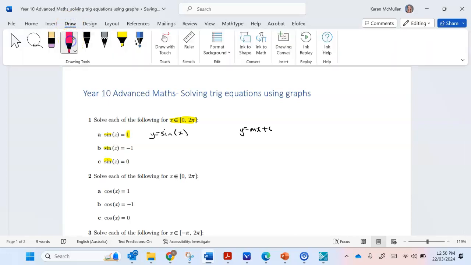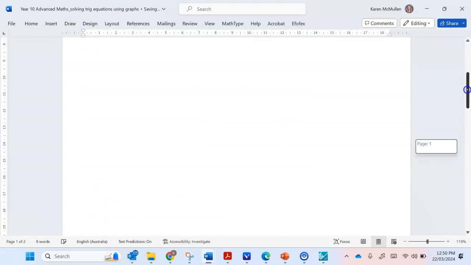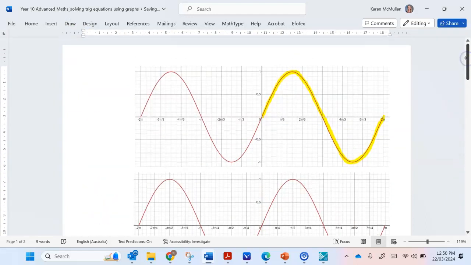So going back up to our graphs. All right, so let's go back up to our sine graphs. And here is y equals 1. So y is equal to 1 everywhere along that line. And I'm crossing my curve here and here, but we're only looking at the yellow section.